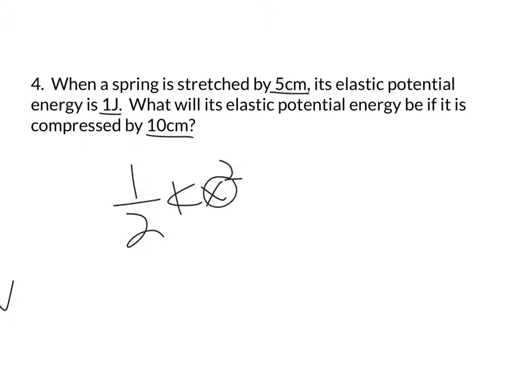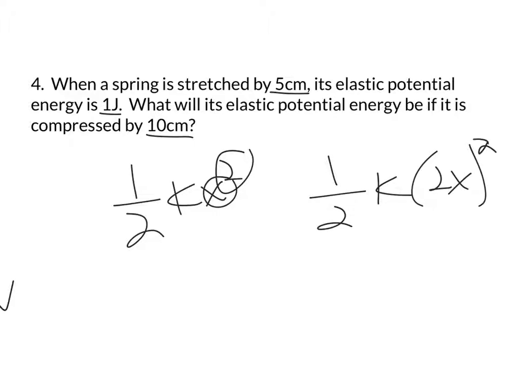Now, it doesn't matter that we're compressing it, because this is a squared value. Even if I get a negative distance, it will square out. So we don't care that this is being compressed instead of stretched. As long as it's a spring, we're good. So I go from 5 to 10. I'm doubling the stretch. Well, that means I'm going from 1/2 kx squared to 1/2 k of 2x squared.